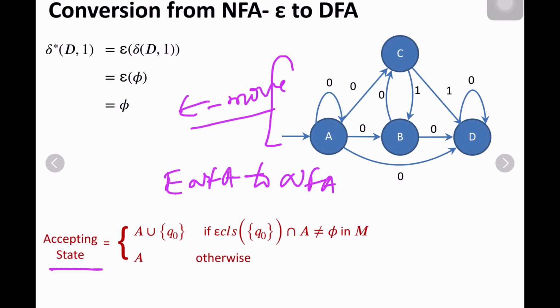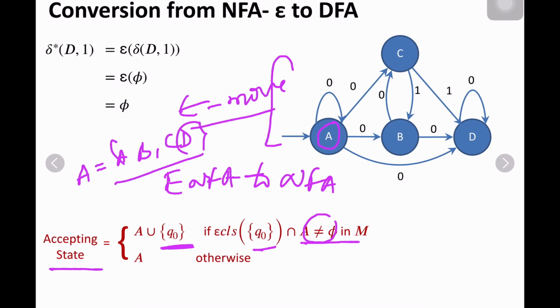For the accepting state, whenever A is a union of Q naught, that means the initial state, if epsilon closure of Q naught intersection of A is not equal to phi, that means there is no transition at all, then it includes any final state of the DFA, then A is also a final state, because epsilon closure of A is A, B, D, not C, right?